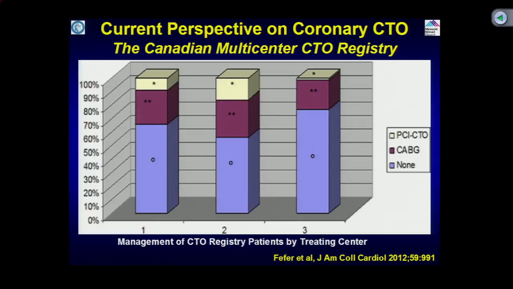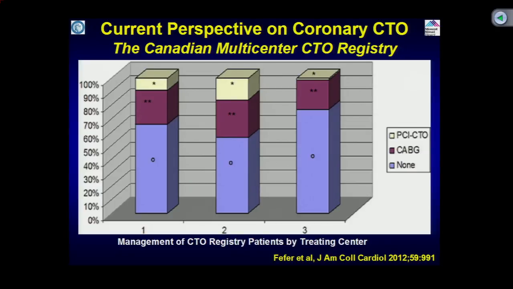More importantly, this is a very nice Canadian multi-center registry published in JACC showing that although CTO is in almost 12 to 15% of cases, centers differ in how aggressively they go after CTOs. You can see that in the CTOs you can have 3 tertiles, going from 1% up to almost 20% for the CTO.